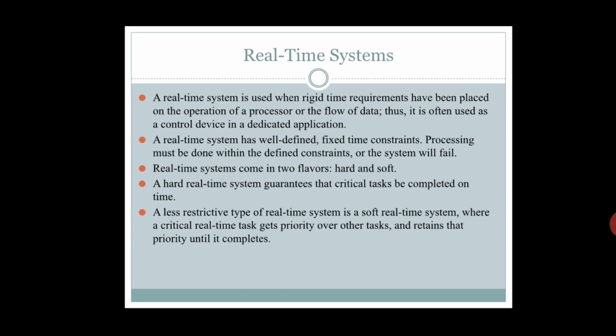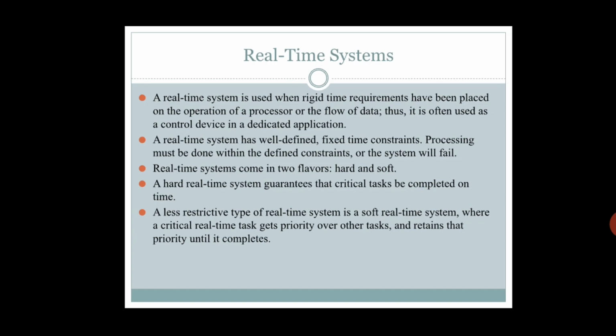So on the fly it has to take the data, it has to process it, and it has to either send it, or store it, or display it on a monitor, on a screen. So all those examples can be given for real-time systems. When the systems deal with real-time data, or data which is on the fly or on the go, then those kinds of systems can be called real-time systems.